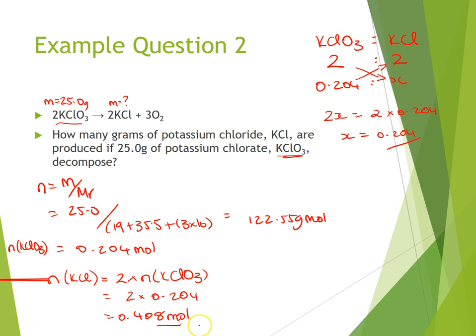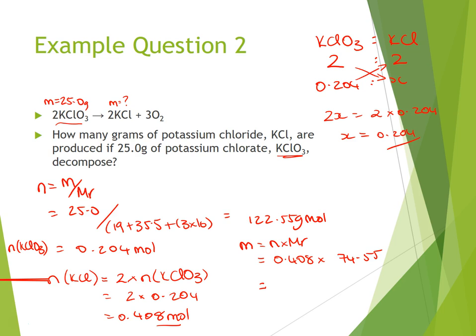That is asking us how many grams though. So remembering I go from mole to grams by using mass is equal to n times Mr. This time n is 0.408, and our molar mass is now for our potassium chloride. So that is going to be 19 plus 35.5, which is 74.55.